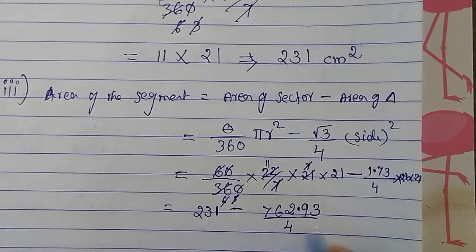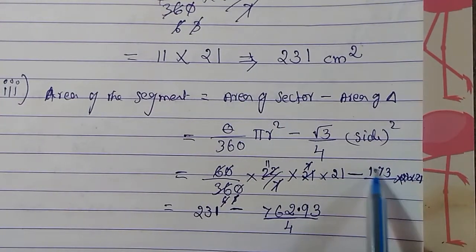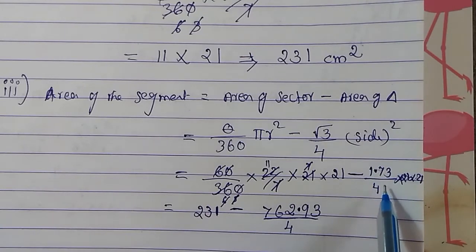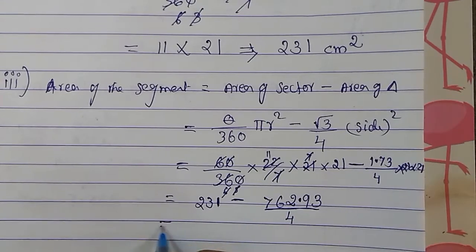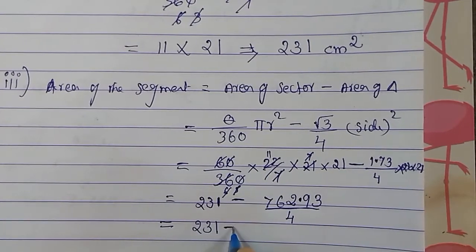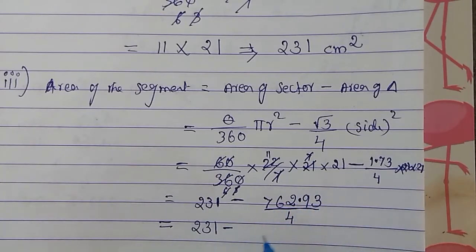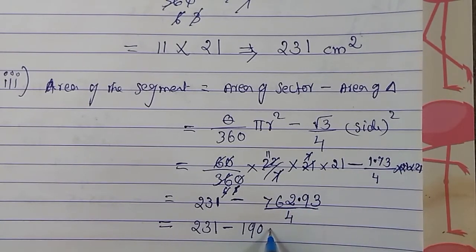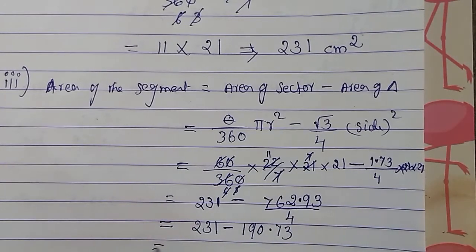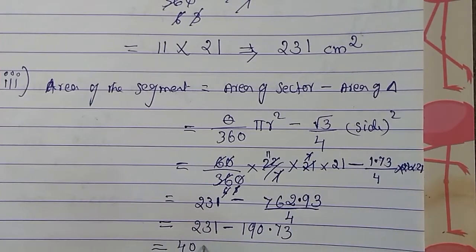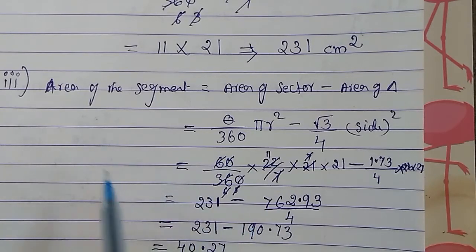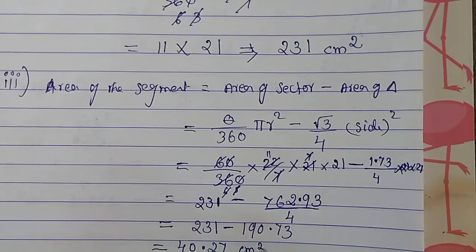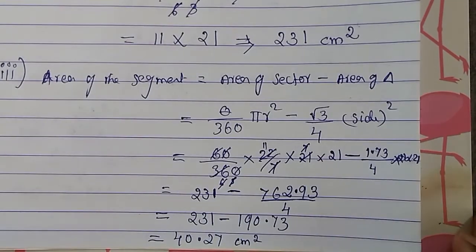Or else you also can remove this decimal and it will be multiplied with 100. So now 231 minus, if you divide this, you will get 190.73, which will give you 40.27, and it is area, so centimeter square. So I hope it is clear to you. That's it. Thank you and God bless.